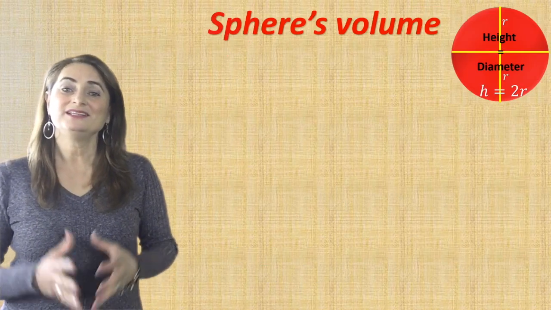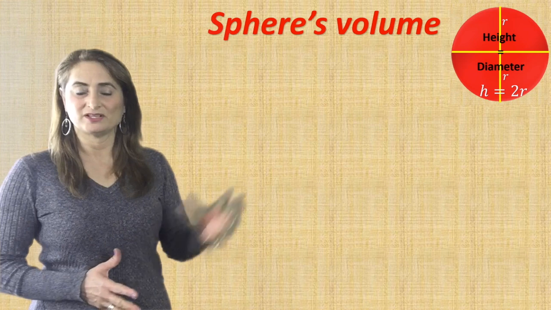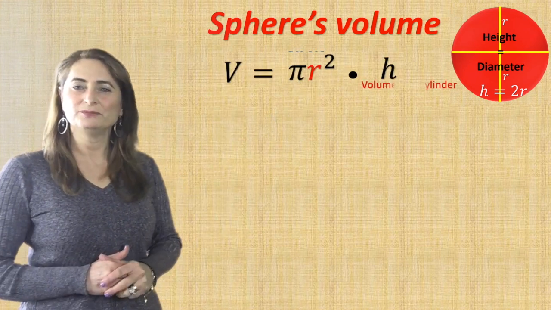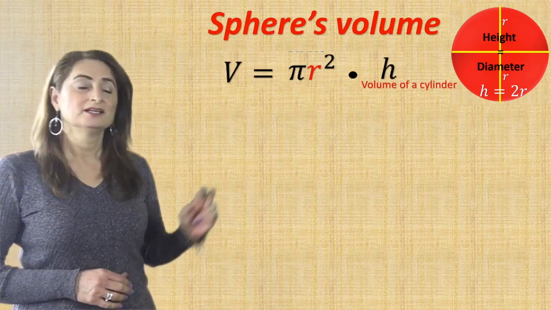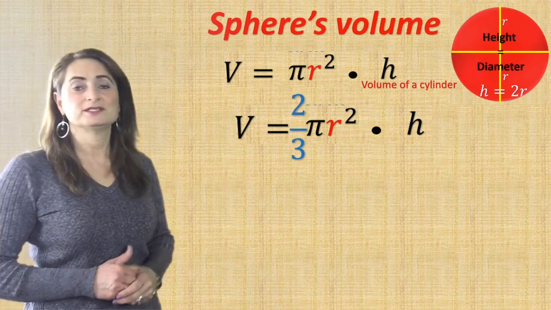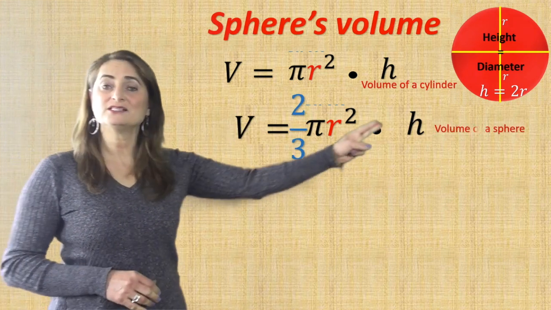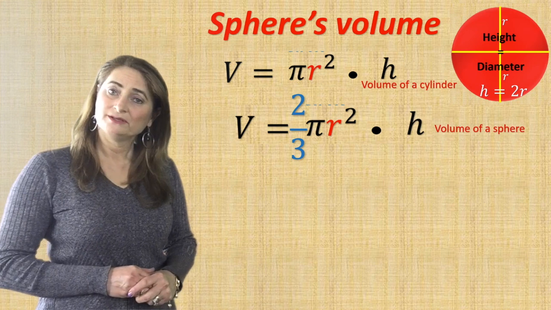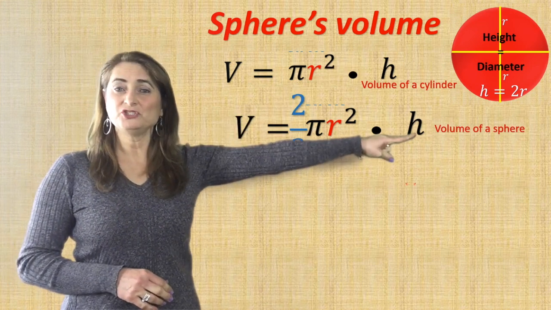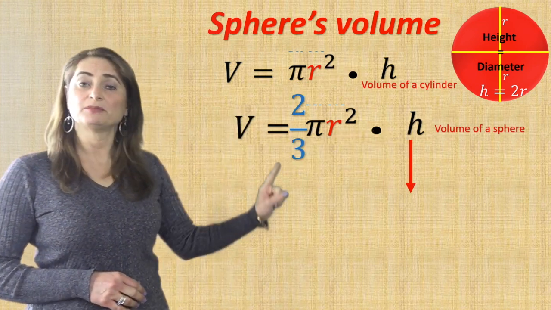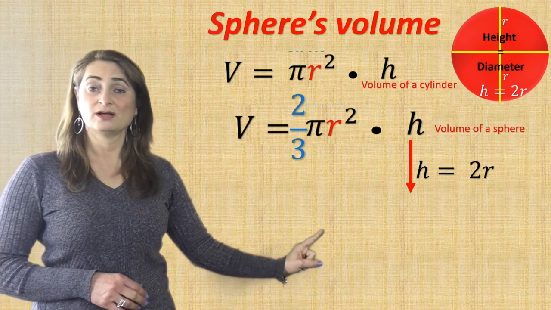Now let's write the sphere's volume using the cylinder's volume. This is the cylinder's volume, but I need 2/3 of that. So write 2/3 pi r squared times the height. That's the sphere's volume. But remember, the height is the diameter, which equals 2 times the radius. So I'm going to replace the height with 2r.